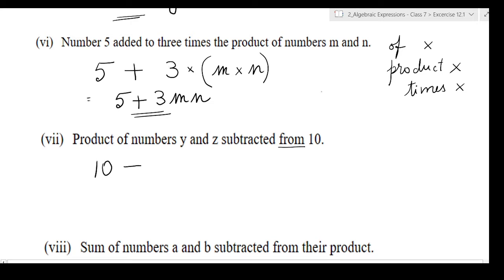Product. What did I say product is? Product is nothing but multiplication. So product of what? y and z. That means 10 minus y into z is yz. So this is the required expression.